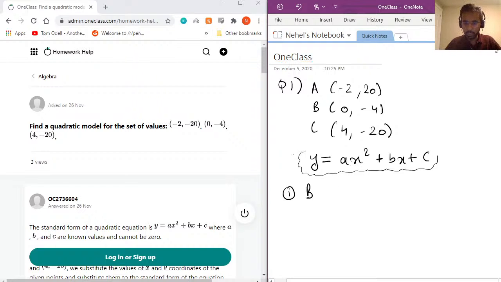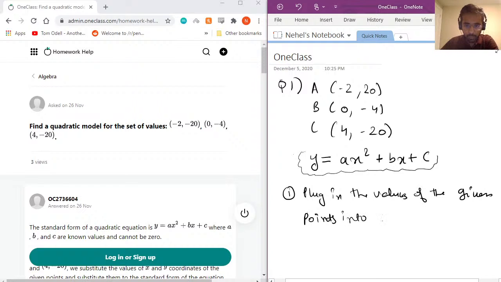So let me just try and explain to you what I'm doing. Step 1 would be plug in the values of the given points into the quadratic equation to solve for constants a, b, c.